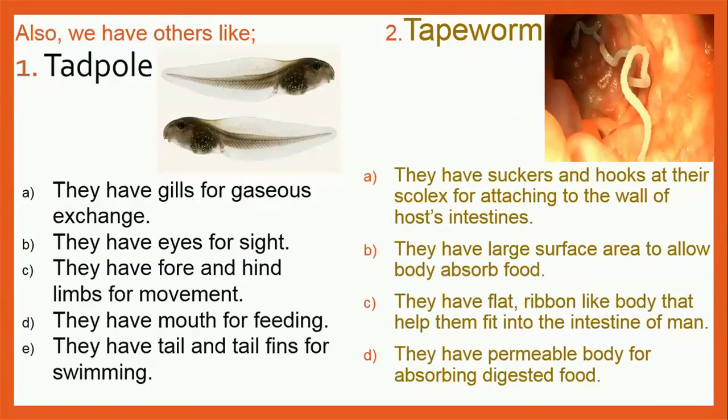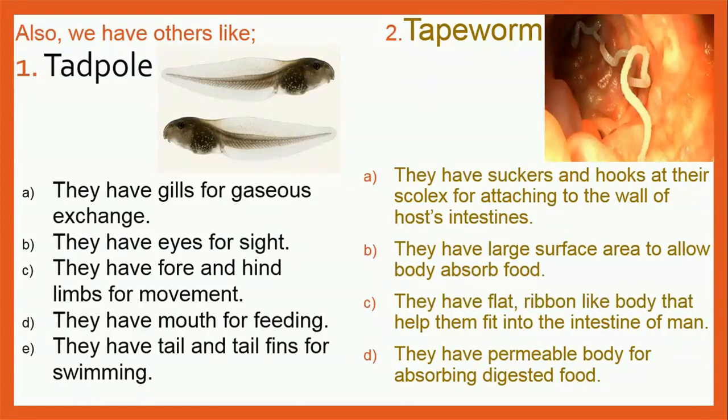Then number 2 here we have tapeworm. Tapeworms are endoparasites. We have discussed this in one of our classes. They are found inside the small intestine of their host. They feed on the digested food of their host. They don't have a mouth, they don't have a digestive system, they don't have an alimentary canal, yet they feed.